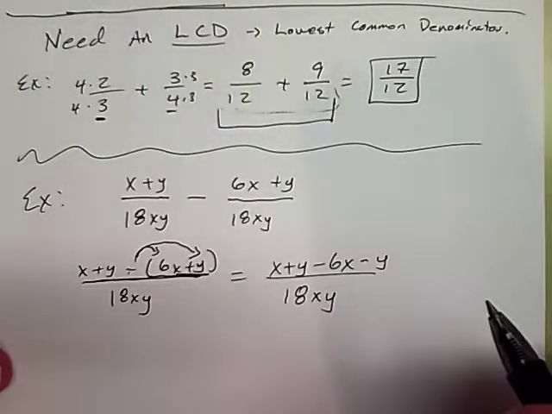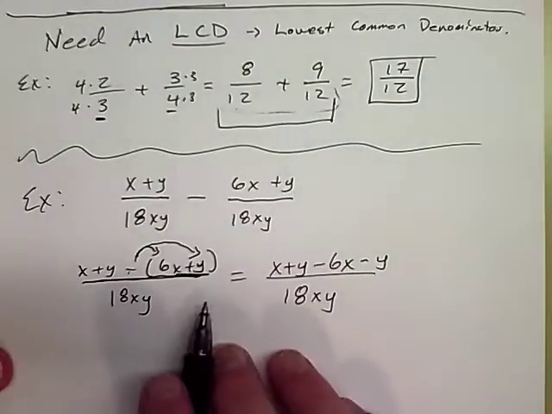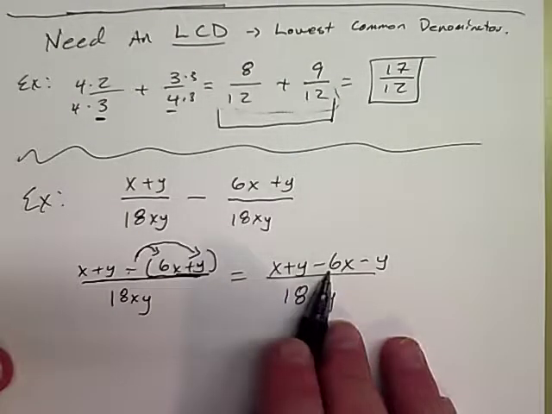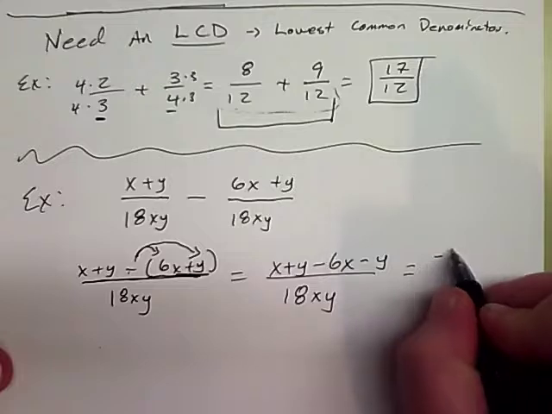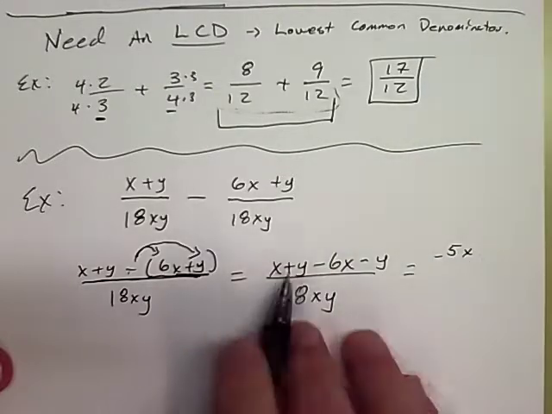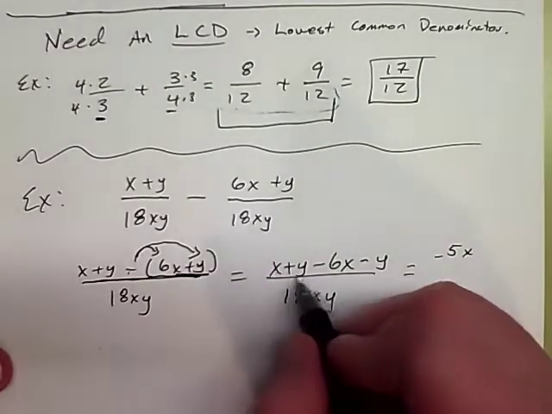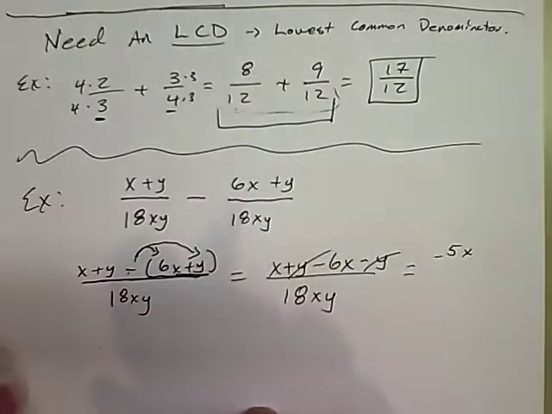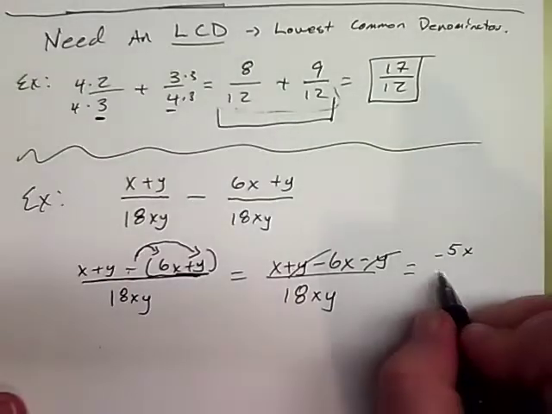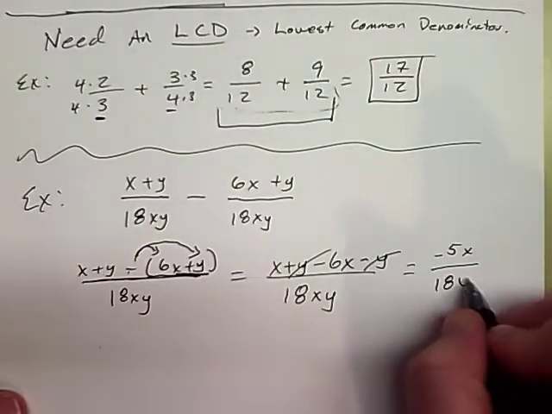Now I can combine like terms. I have an x and a negative 6x, and that gives me negative 5x. A positive y and a negative y, y minus y is 0, and it's gone. And then my denominator, again, is 18xy.